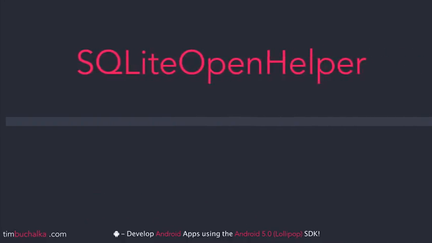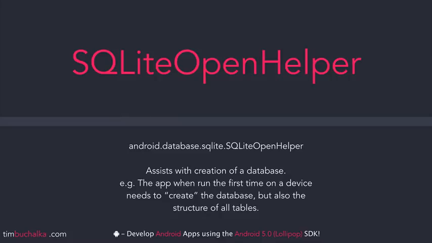And lastly, SQLiteOpenHelper. Android.database.sqlite.SQLiteOpenHelper. This really assists with creation of a database. If you publish an app in the App Store, the very first time your app runs, if you want it to use a database, you need to create that database. So you need to have some code in your application that looks to see, is there already a database?